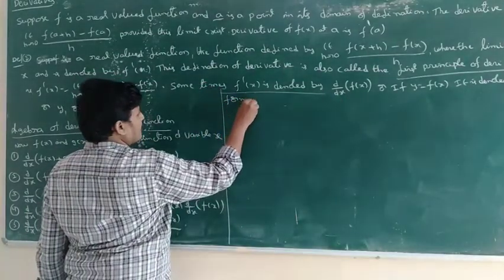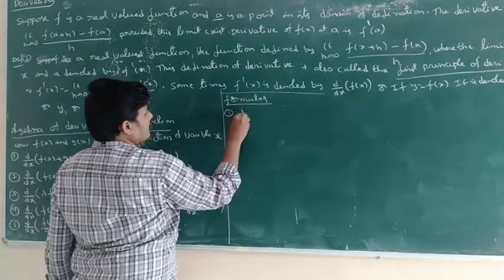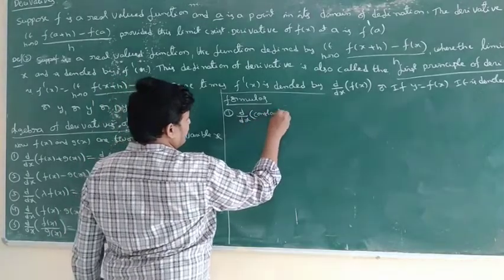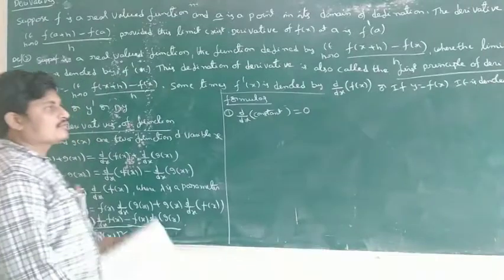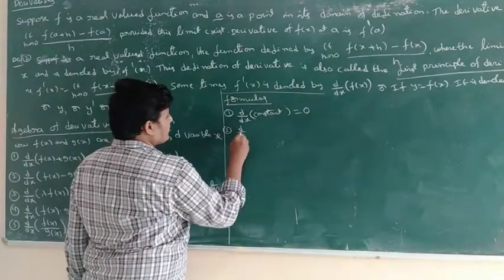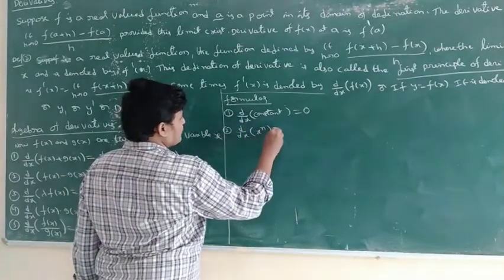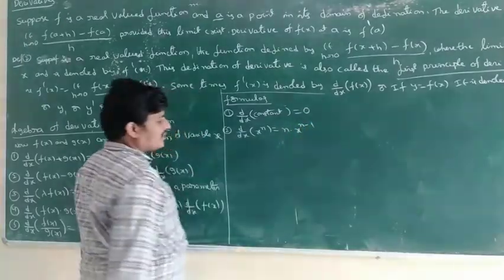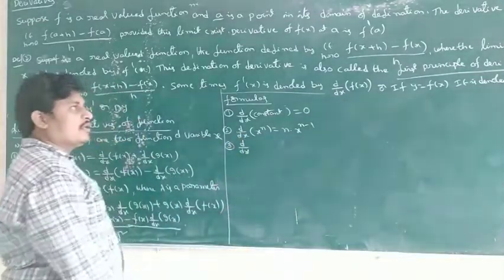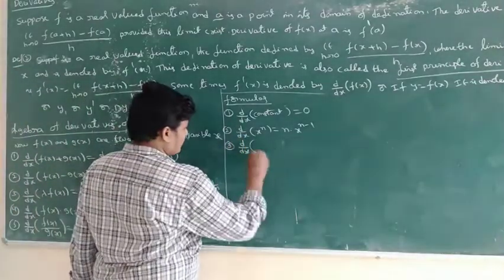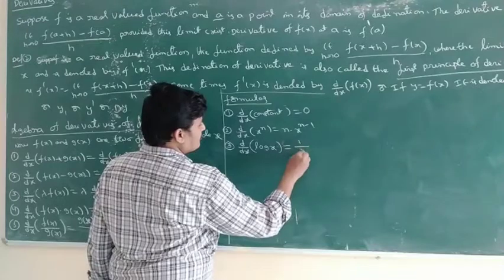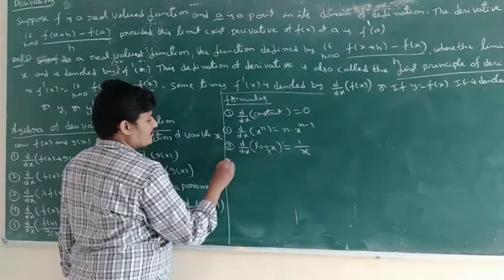Formulas. First one, d by dx of constant is equal to 0. Next, d by dx of x power n is equal to n into x power n minus 1. Next, d by dx of log x is equal to 1 by x, log x to the base e.